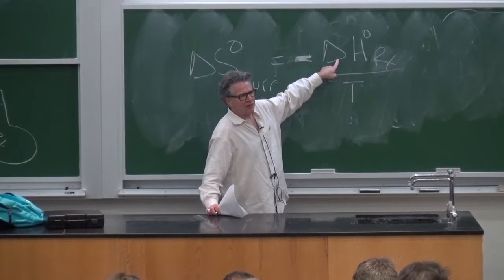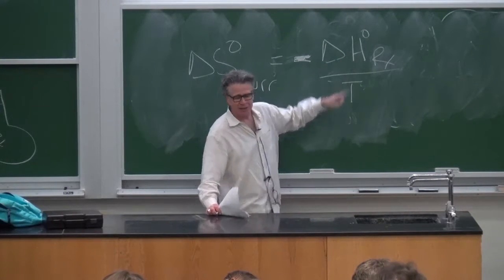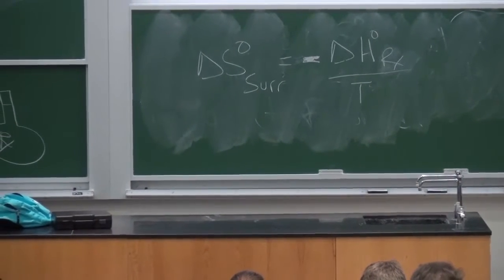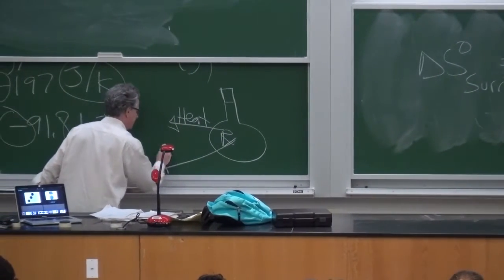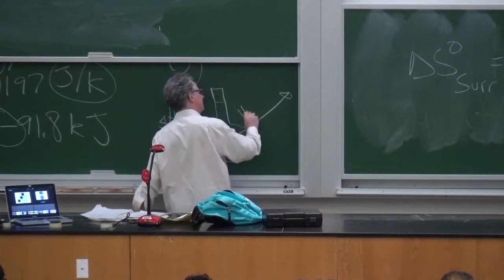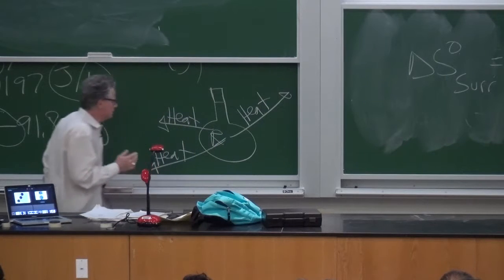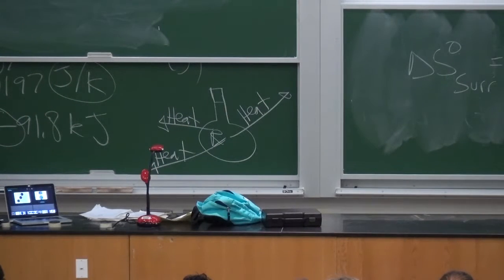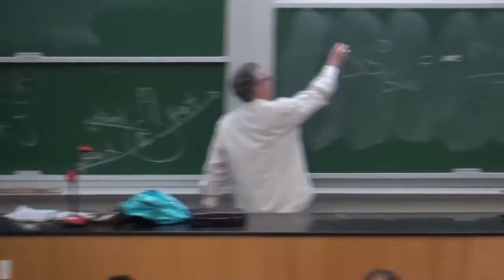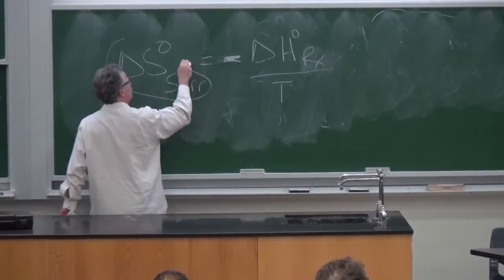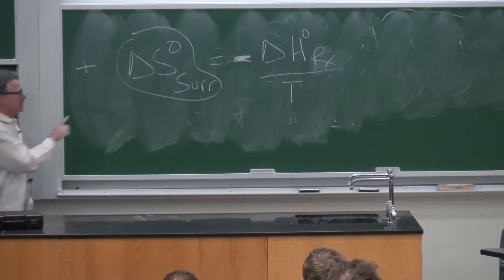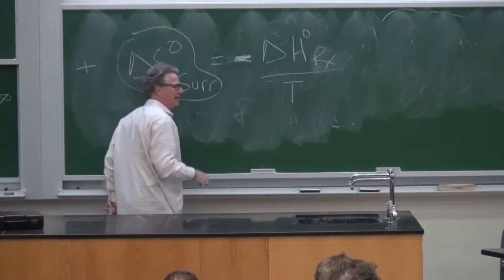that if delta H of the reaction is negative, meaning the reaction is producing heat, that negative delta H, since that's going out and getting dispersed into the universe, has got to give us a positive delta S. So that's the only reason that negative sign is there.